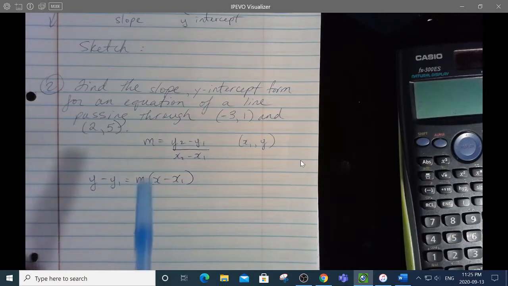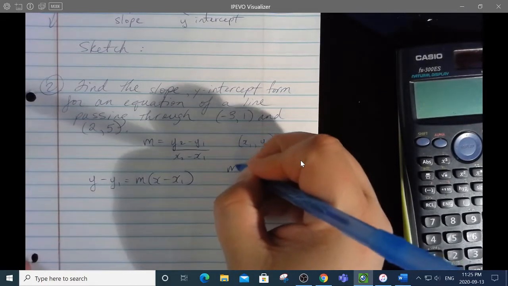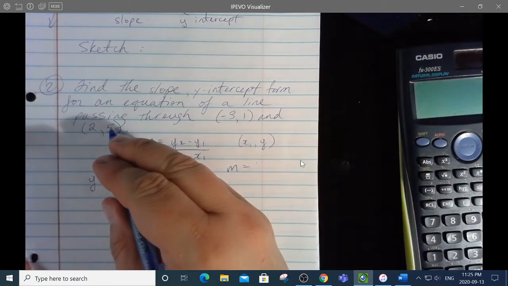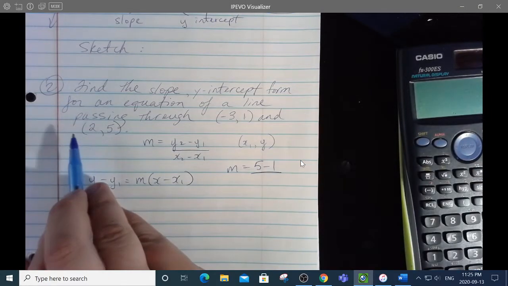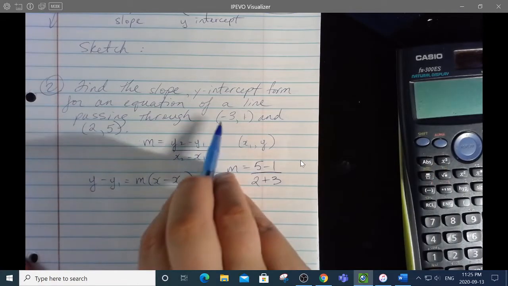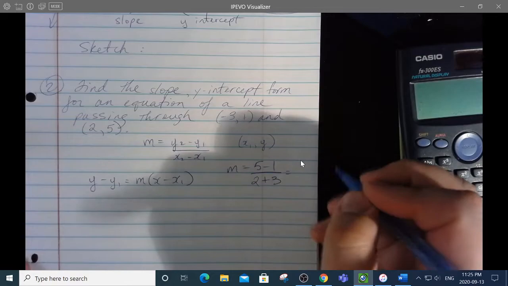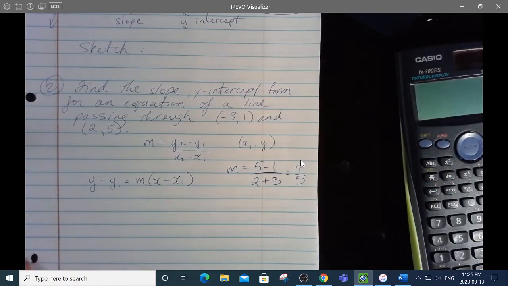So step 1, let's find the slope. The slope here is 5 minus 1, y2 minus y1, over 2 minus -3, careful there, that's 2 plus 3, right? When you minus a negative, you add a positive. So that's going to be 4/5 for a slope.